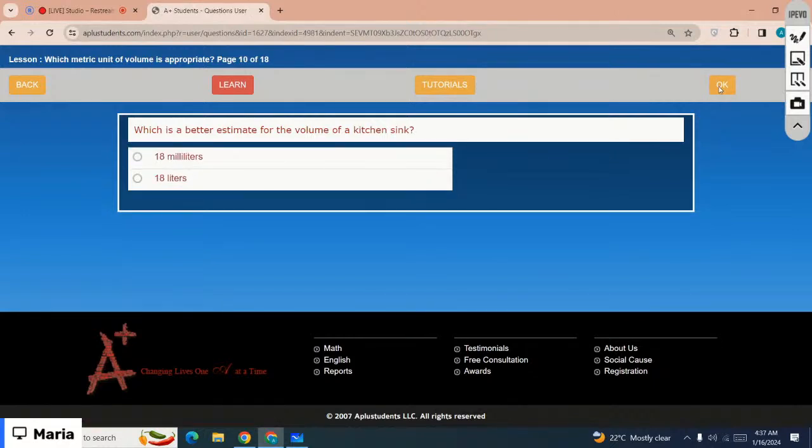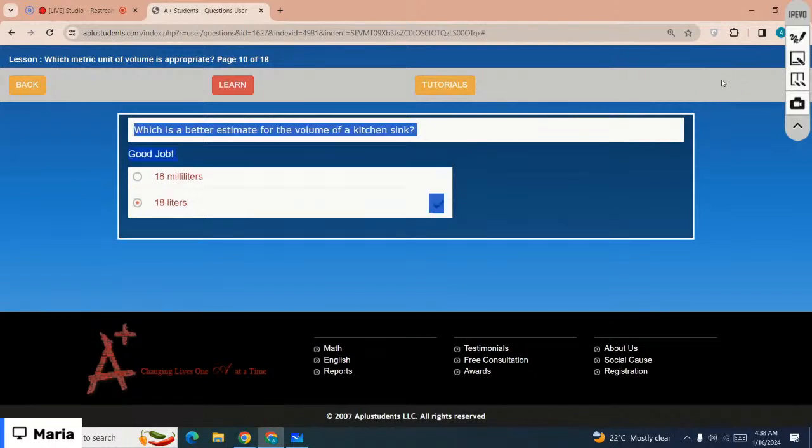Which is a better estimate for the volume of a kitchen sink? 18 milliliters or 18 liters? Which is the correct option? That would be 18 liters. The correct option is 18 liters.